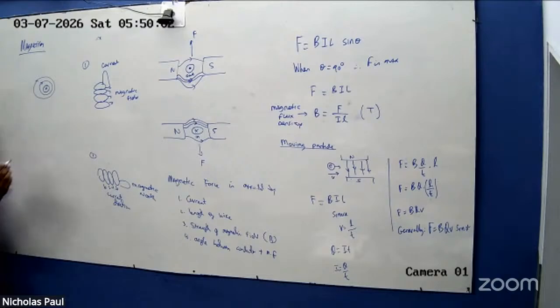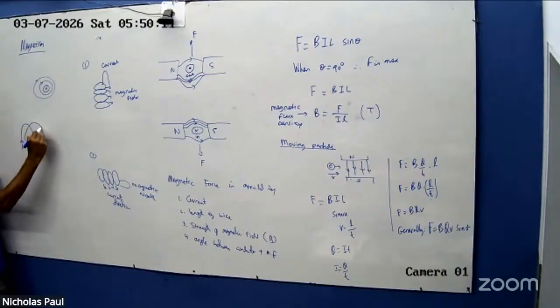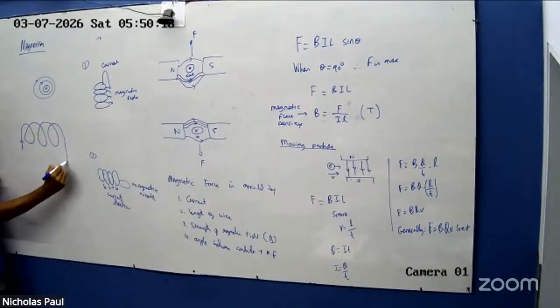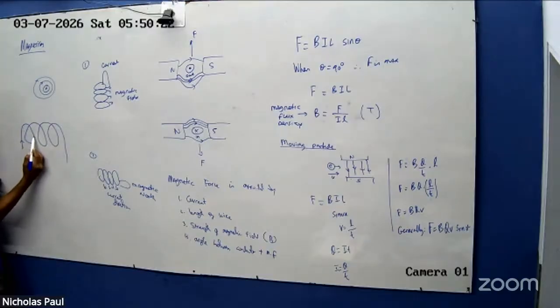So the example that we had on top. Watch this here. If I have current going this way, it's going in at the top and coming out at the bottom. In at the top, out at the bottom. Think of pepper going in at the top and coming out where? Bottom.